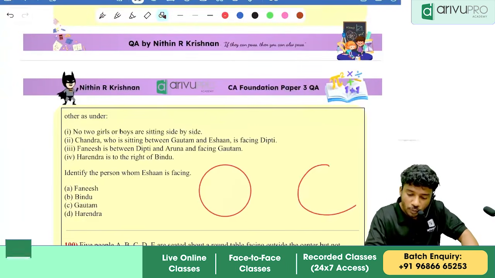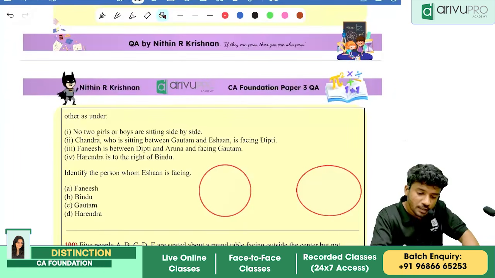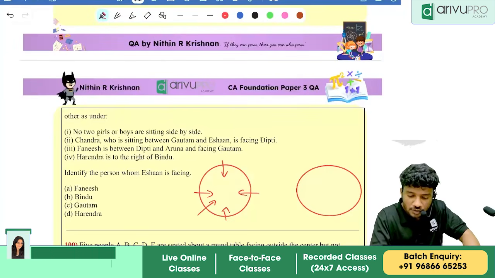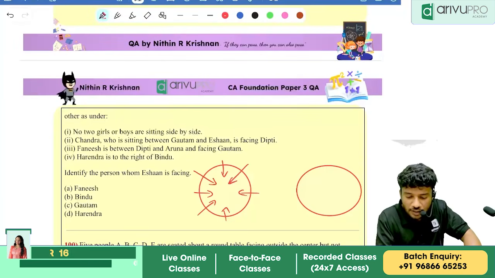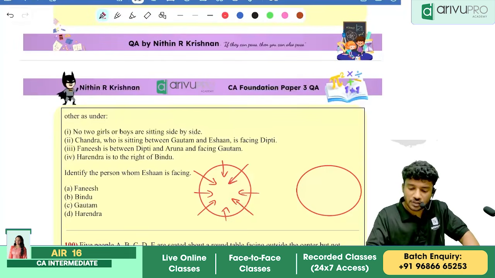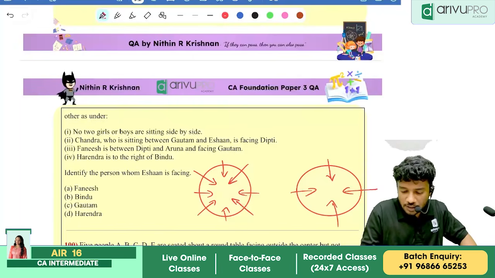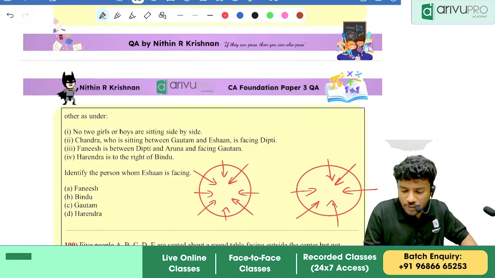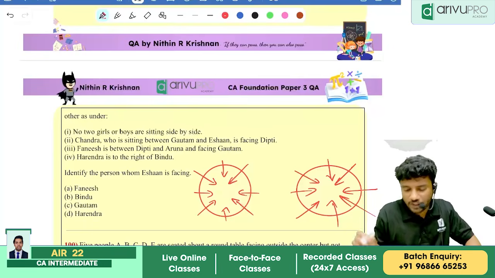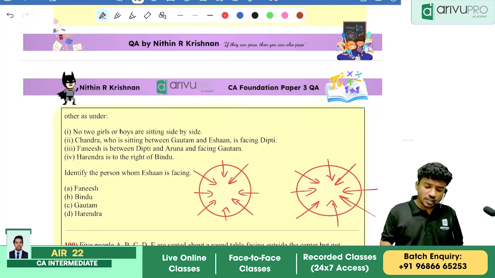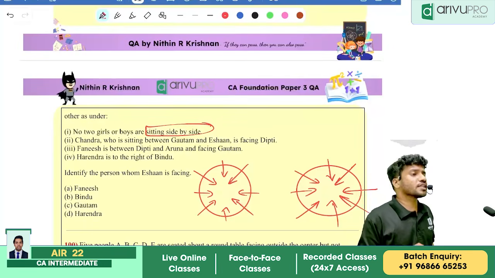Draw two circles at the same time, and accordingly draw the opposite. They are sitting opposite each other, and similarly over here also, 8 people are there and they are looking opposite to each other.